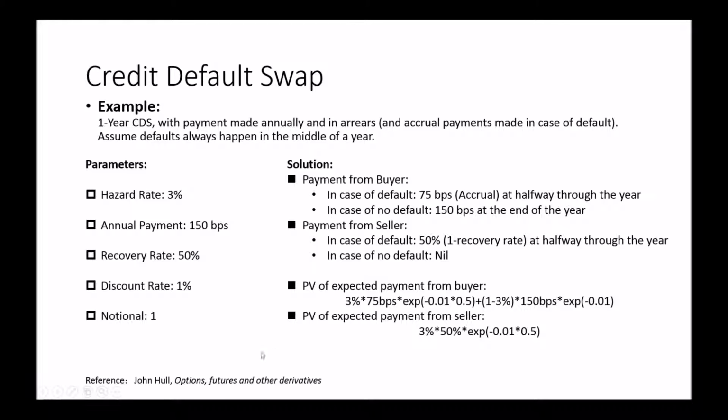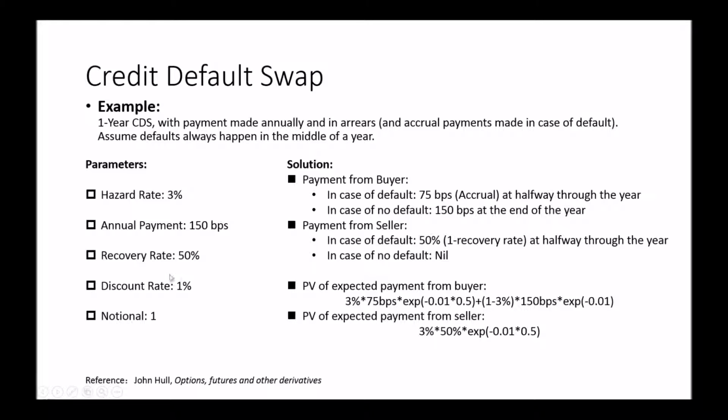So if we use the present value of payment from the buyer minus the present value of expected payment from the seller, we will get the net present value of the CDS for the seller. Of course, we can also get the net present value for the buyer if we use the payment from seller minus that from the buyer.